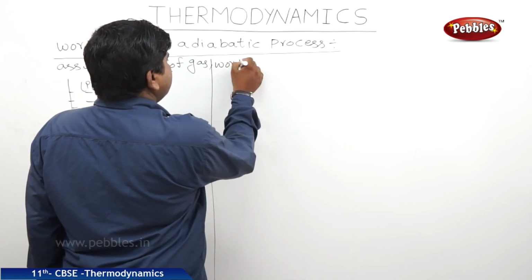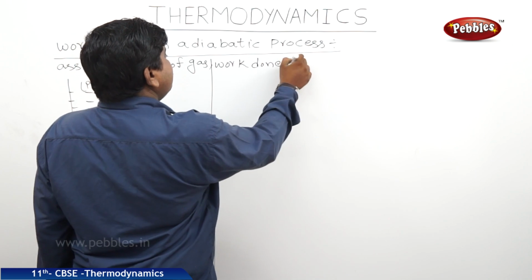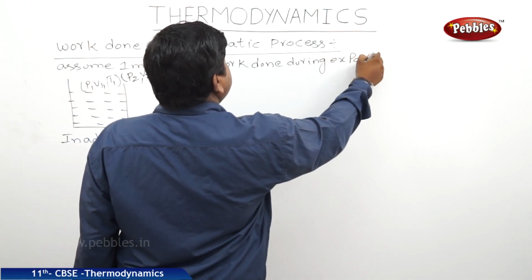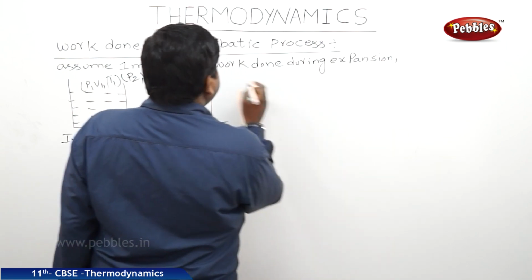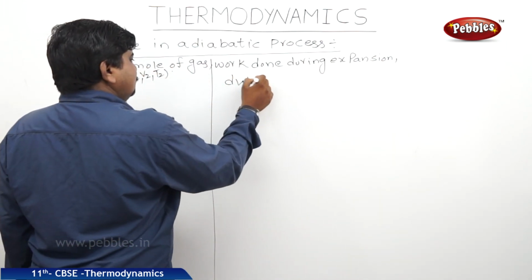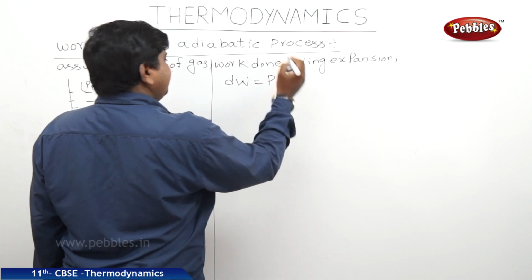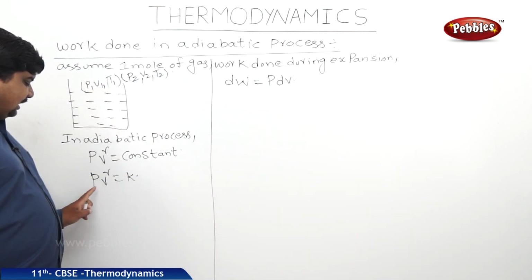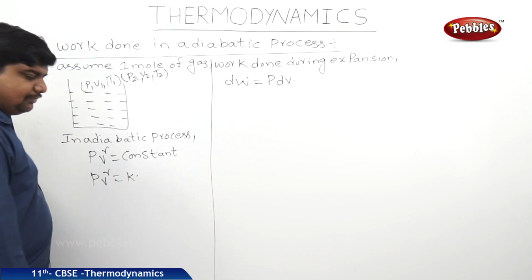Work done during expansion is dW is equal to P dV. From this expression we can write P is equal to K by V power gamma.